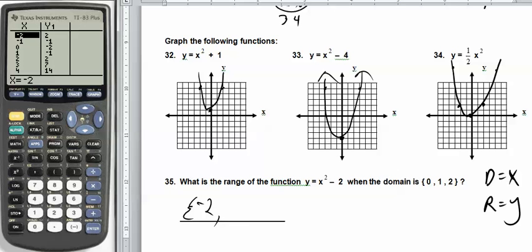When x is 1, y is negative 1. And when x is 2, y is 2. Alright, that's the end of this page.